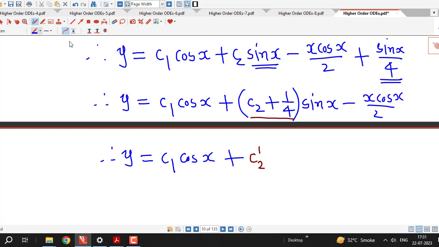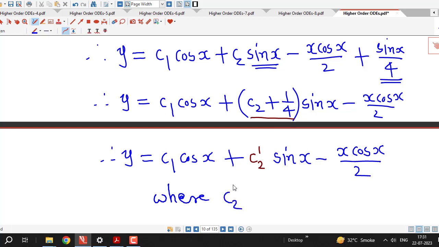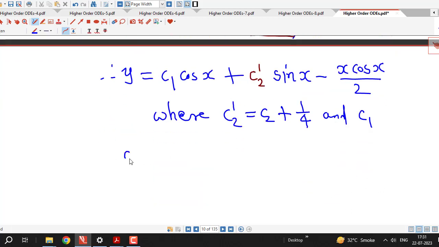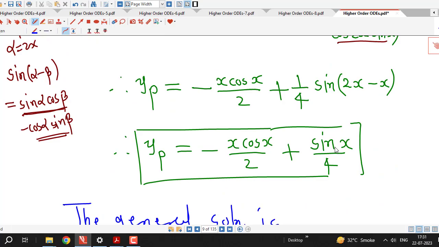So C2 dash, an arbitrary constant, into sin x minus x cos x divided by 2, where this C2 dash equals C2 plus 1 by 4, and this C1 are arbitrary constants. So this is the required solution of the given differential equation using the method of variation of parameters.